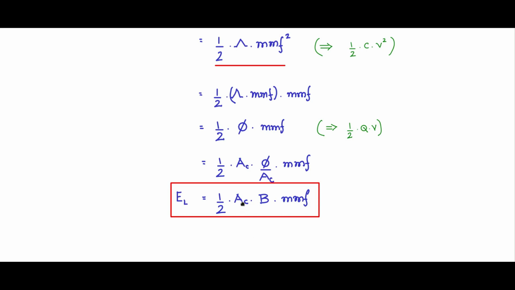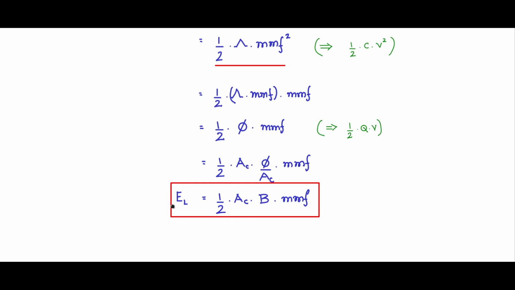Now let us say AC for a given core is fixed, and for a given core, let's say ferrite, BM, the maximum operating flux density, can be fixed. As I told, for ferrite we can fix it at around 0.25 Tesla. So like that, if I know the core type and core material, you can fix this BM. So these two are fixed constants.